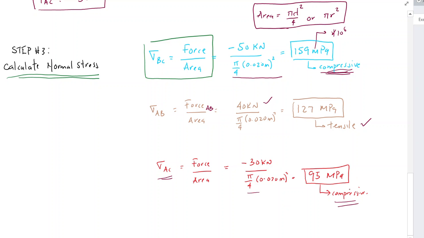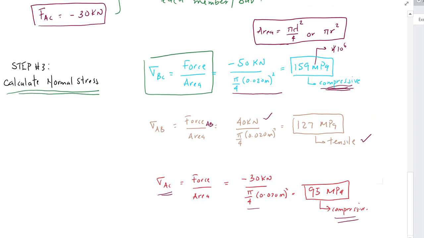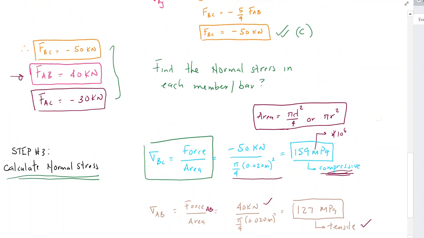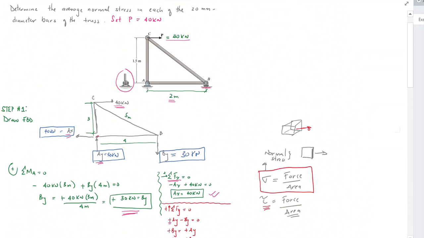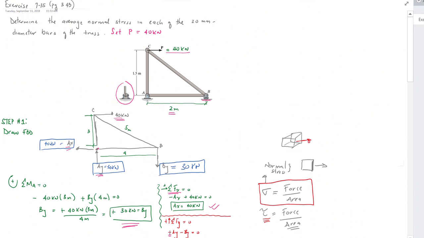Okay, so that concludes this particular exercise. Again, all I did was start with what I know first. I need to find the force because I know they want the stress. So stress is force over area. And how would I calculate the force in each member? Well, let me try method of joints, because if I take a joint analysis of this, I can get my force in each member.